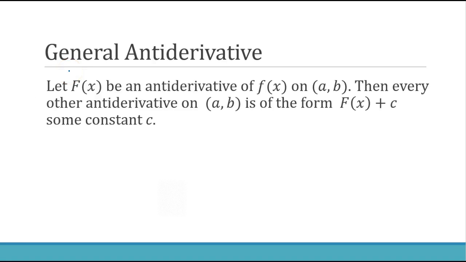Now we generalize this idea by defining the general antiderivative. So let big F of x be an antiderivative of little f of x on the interval from a to b. Then every other antiderivative on the interval from a to b is of the form big F of x plus c for some constant c. So now we are generalizing this idea of the antiderivative.